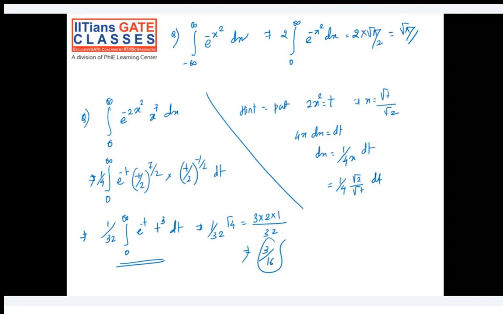I'll give you another question. Integration 0 to 2 x raised to the power 7, 16 minus x raised to the power 4, raised to the power 10 dx. Okay, think on this question and solve.